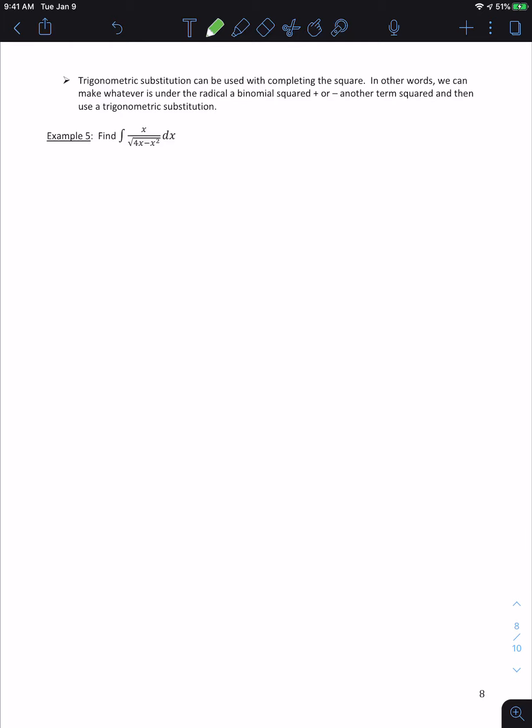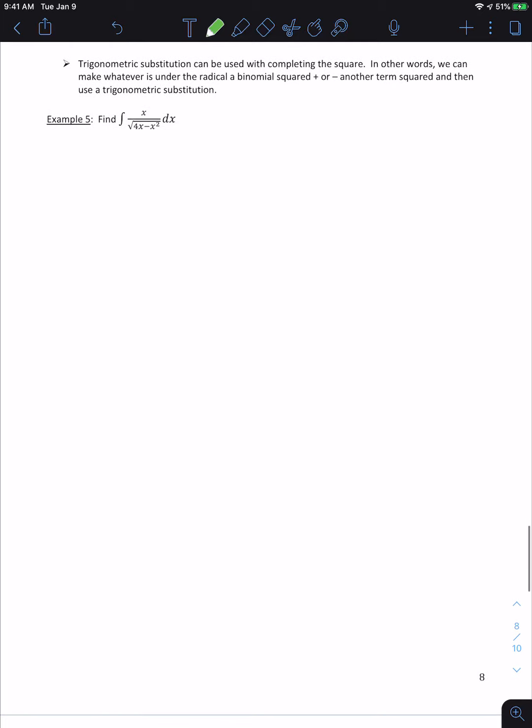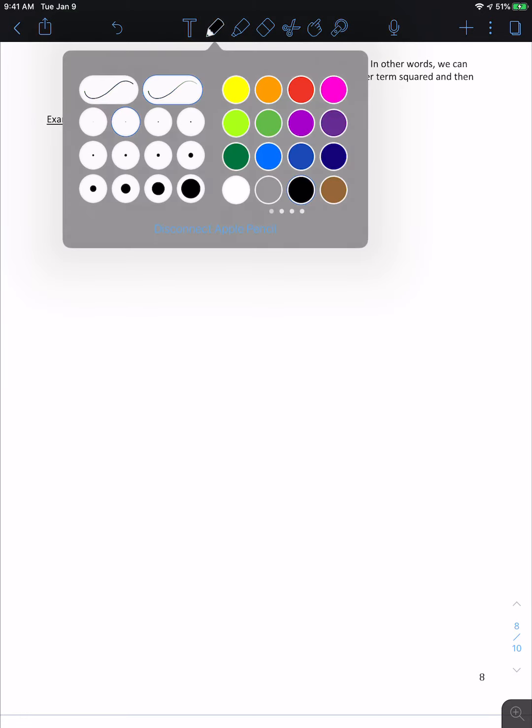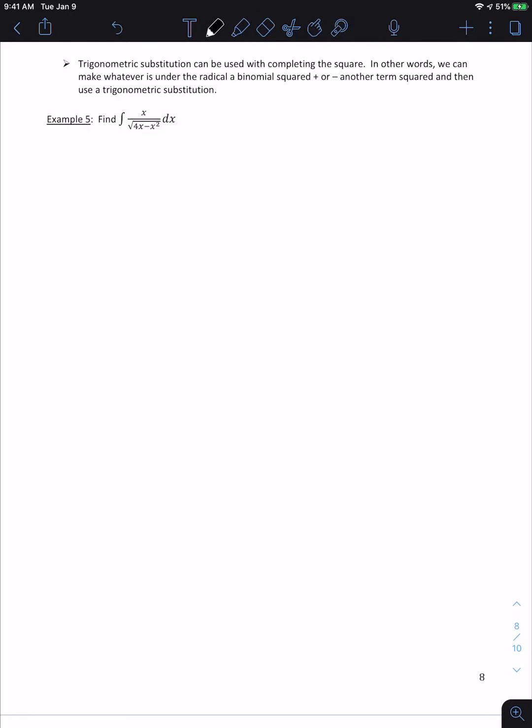Okay, so trig substitution can be used with completing the square. Again, I posted a video on completing the square because it's something that you learned way back when, probably in college algebra. But it is a trick that we use oftentimes, so I will go through it in this example.